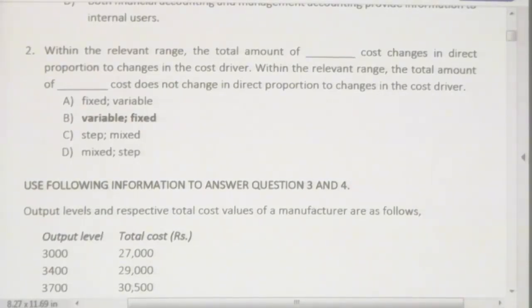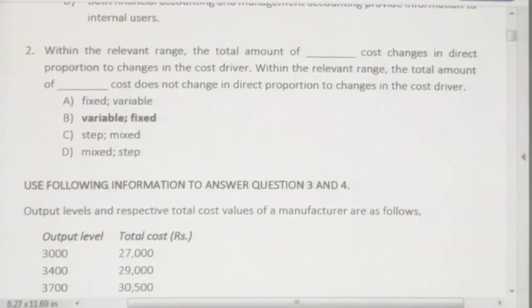Fixed cost will remain constant only within the capacity. Assume that the bakery can sell a maximum of 1000 breads per month using that building. The company can produce and sell a maximum of 1000 breads per month using that building. Why? That building's capacity only facilitates producing and selling 1000 breads.